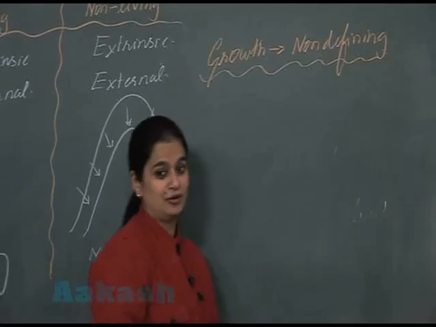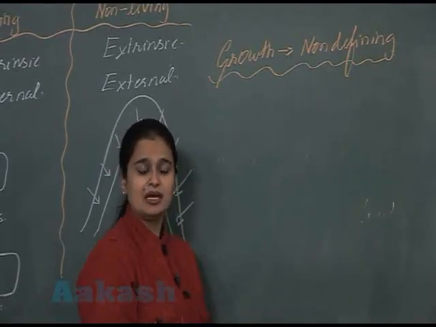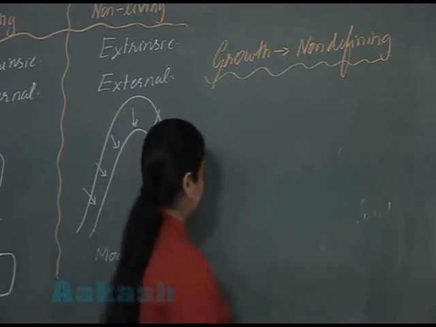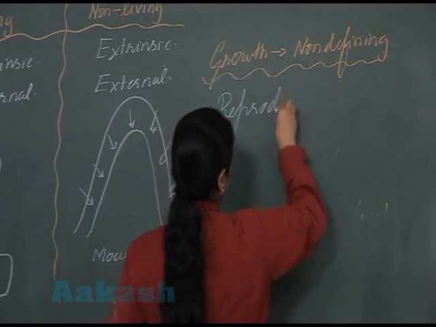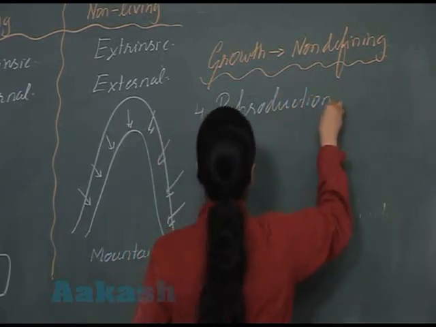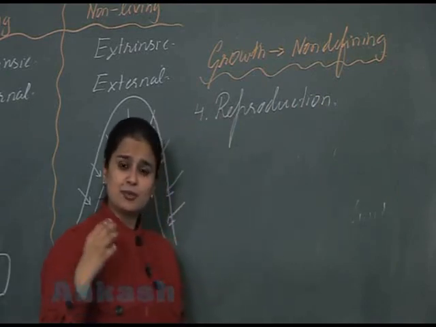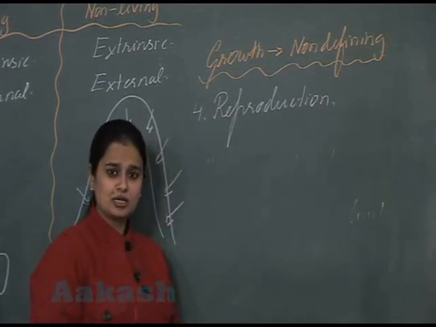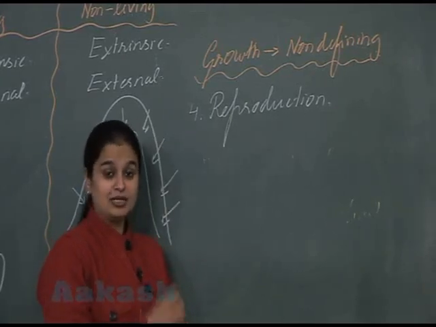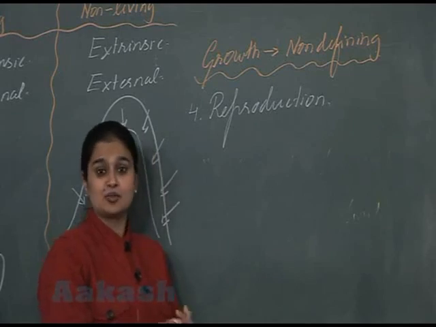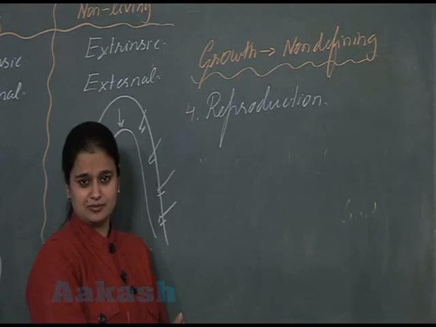After growth, the next characteristic which we will study is reproduction. Reproduction is a process through which progeny is formed by the organism. The progeny which is formed is more or less similar to the parental generation.